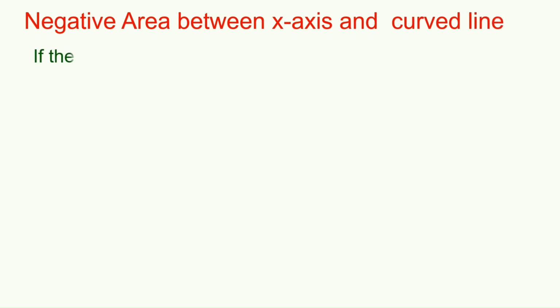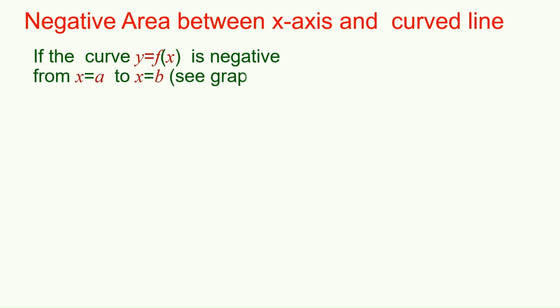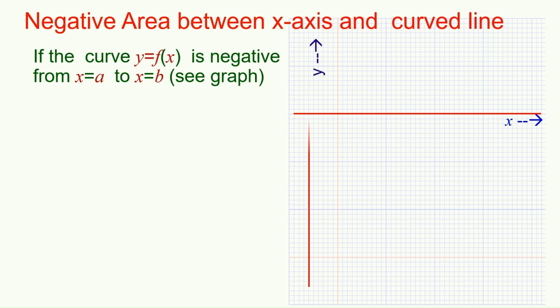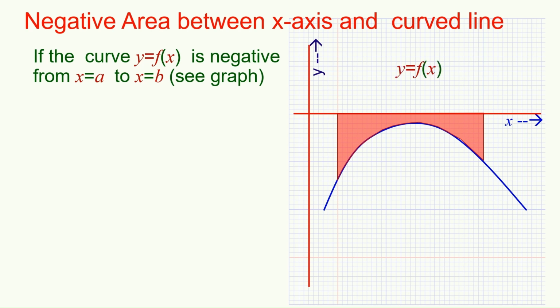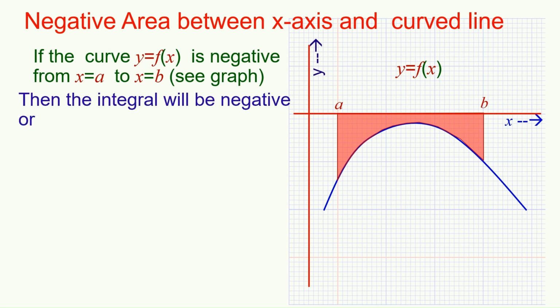Negative area between x-axis and the curved line. If the curve y equals f(x) is negative from x equals a to x equals b, see graph, then the integral will be negative.